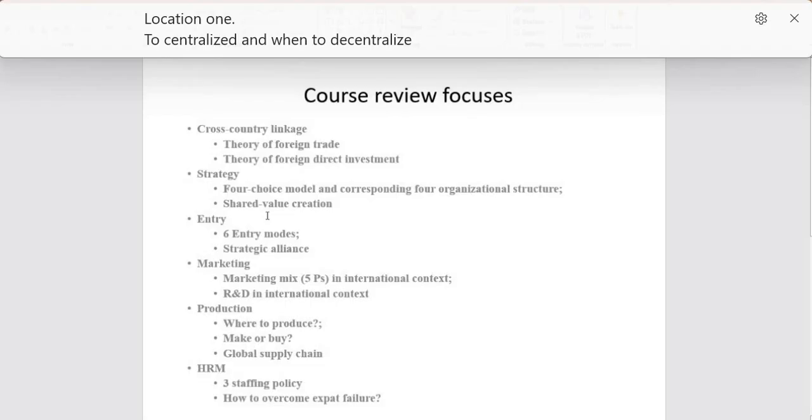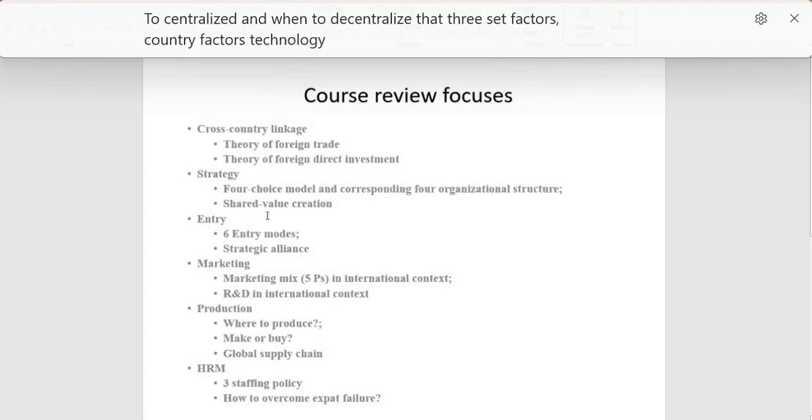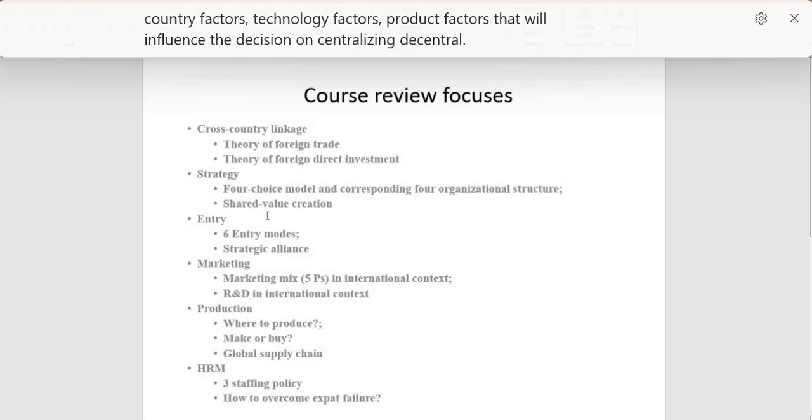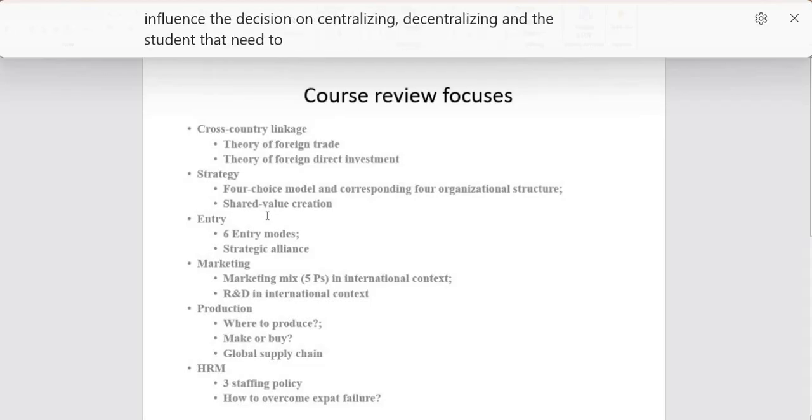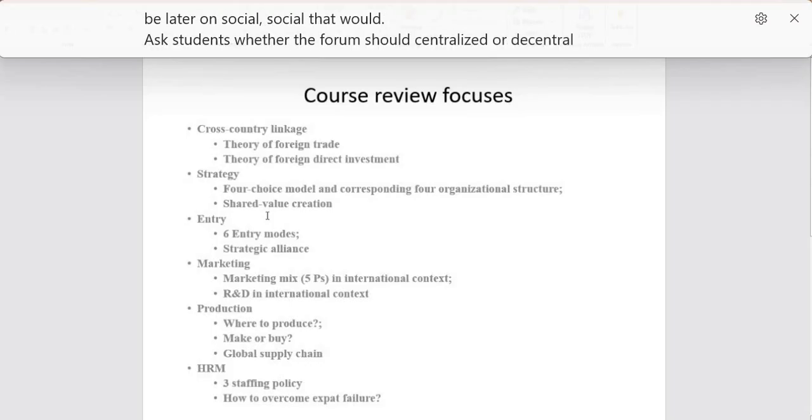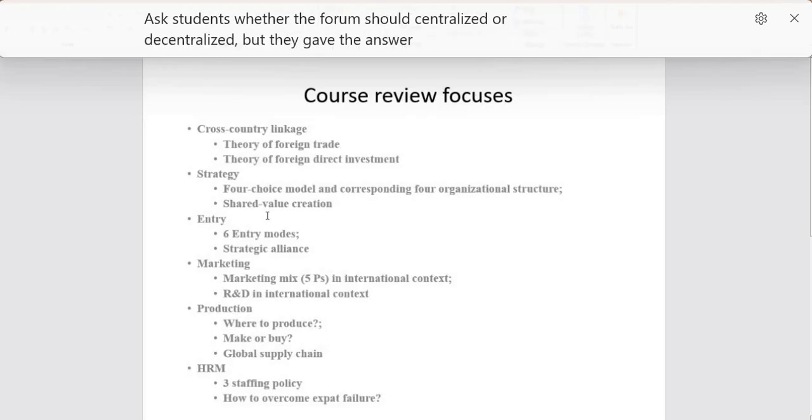There are 3 sets of factors: country factors, technology factors, and product factors, that will influence the decision on centralizing or decentralizing, and the students need to understand these factors. Later on I will show more questions that ask students whether the firm should centralize or decentralize. But they give the answer, and need to justify it.